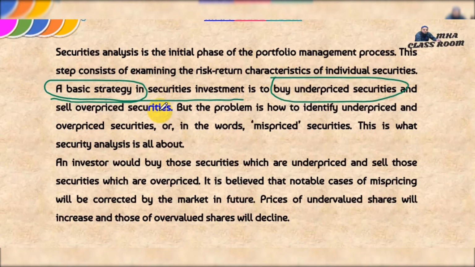You get profit. In the same way, whenever you purchase securities from the capital market, you have to buy underpriced securities, which have a low cost, and whenever the price goes high, then you have to sell them.